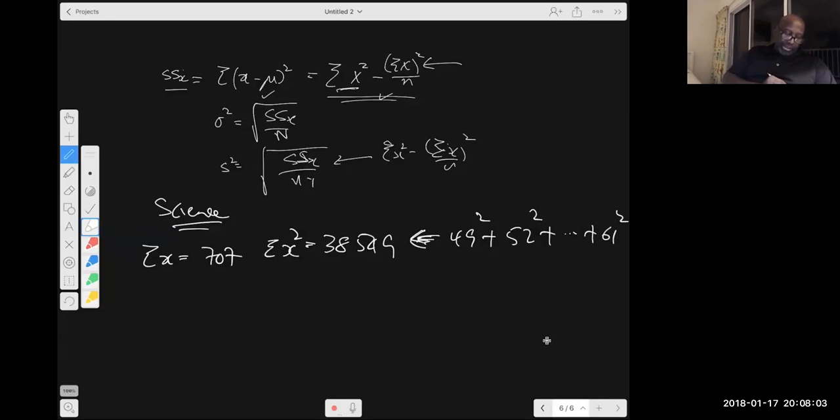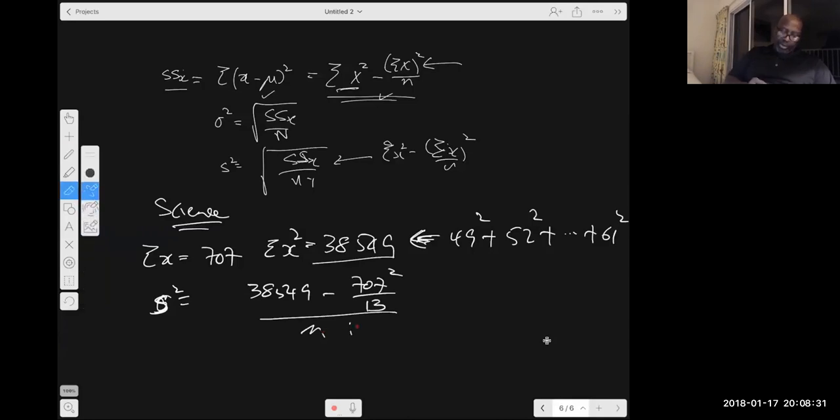So to get the variance, in this case, it's not sigma, it's s squared. It would be the sum of x squared, which is 35,549, minus the sum of the x's, 707 squared, divided by the sample size. I have 13 values. So that must now be divided by n minus 1. What is n minus 1 in this case?